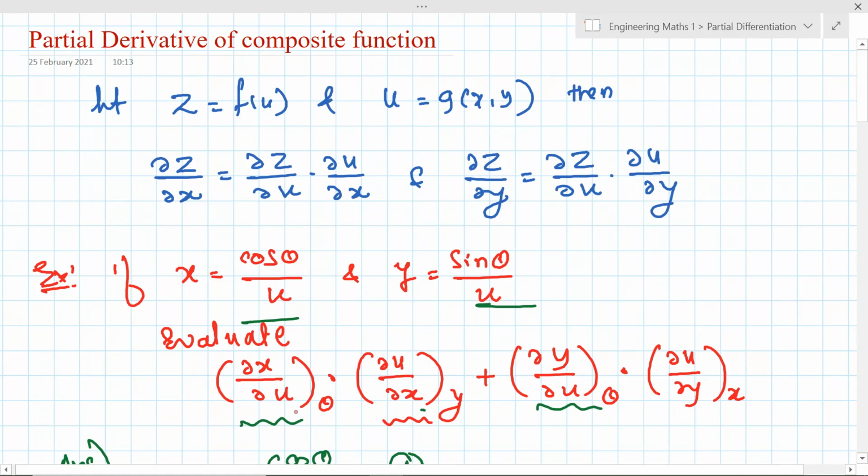So for the partial derivative of x with respect to u, it means we need to treat theta as a constant. Okay, so basic thing is, if you want the partial derivative of x with respect to u treating theta constant, just try to remove y from that equation. We don't want y. Okay, so if we want the partial derivative of u with respect to x treating y constant, then we don't want theta in that.